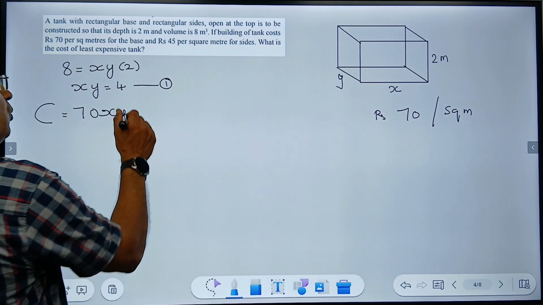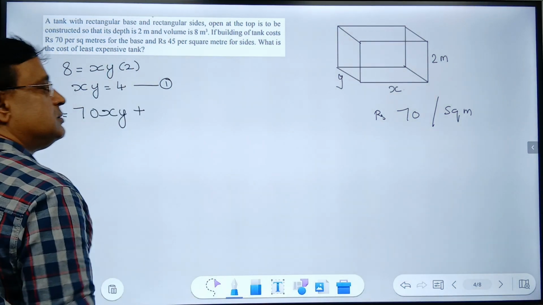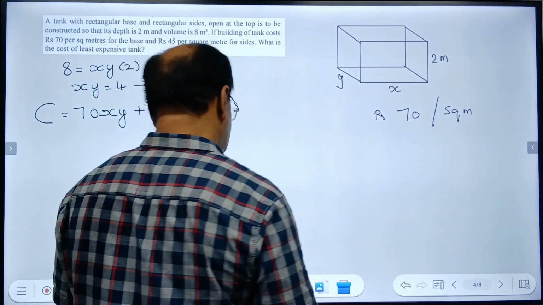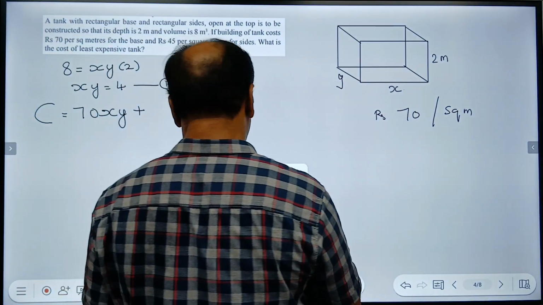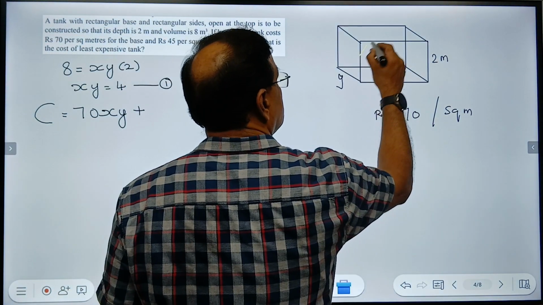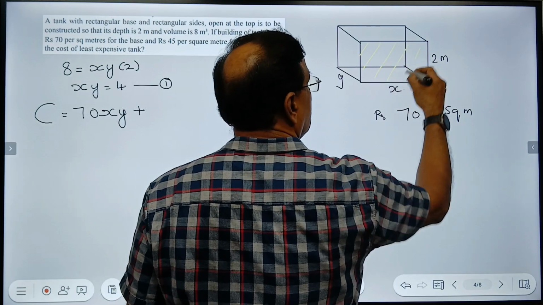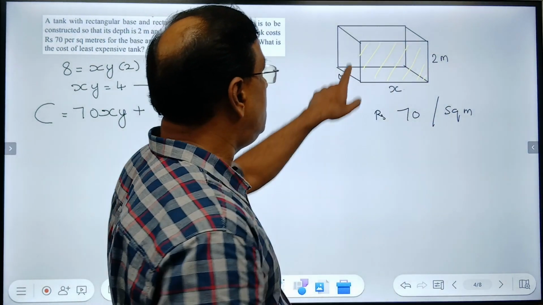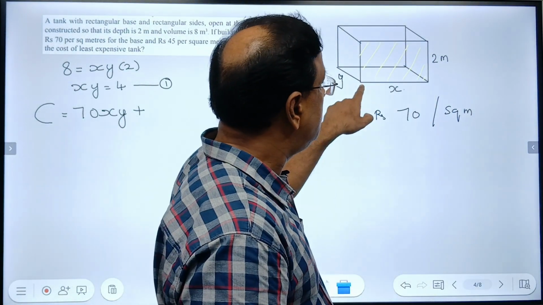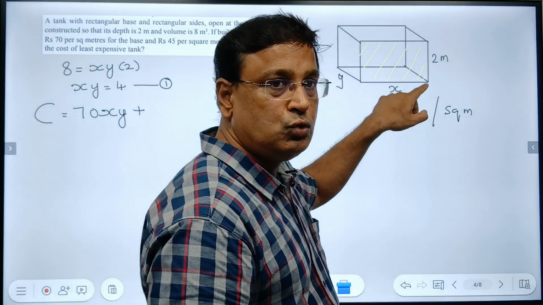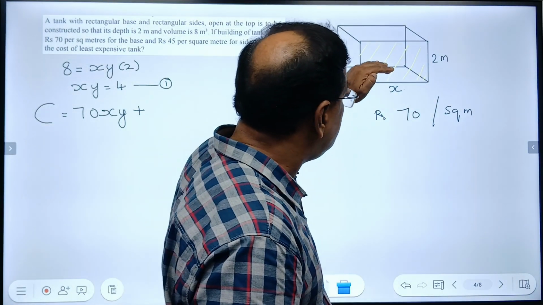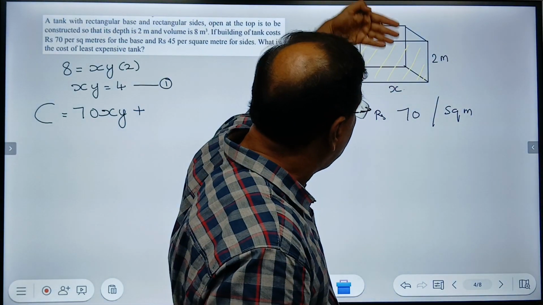Now I have to make the walls. Now I am going to look at the walls. Now first let's look at this wall. The area of this wall will be length into breadth, that is 2x. But you see there are two such walls, one in front, one behind.